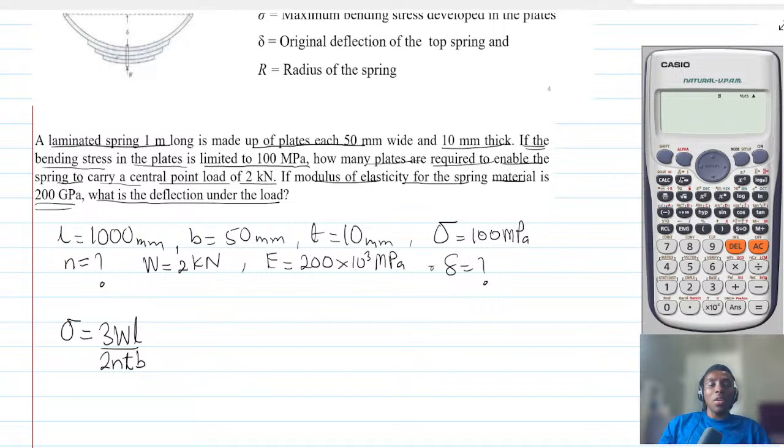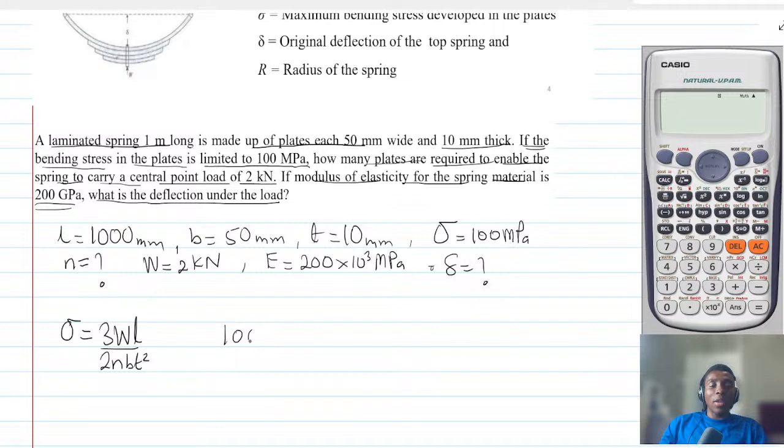2 n b t squared. So this formula means that if you have the stress, you can calculate n. Let's make n the subject.